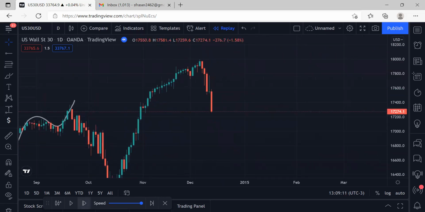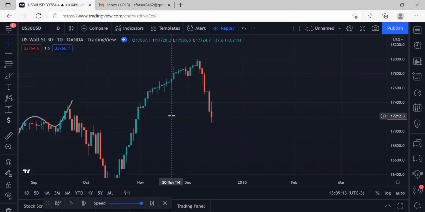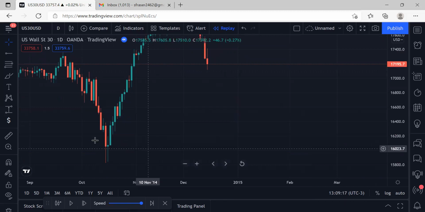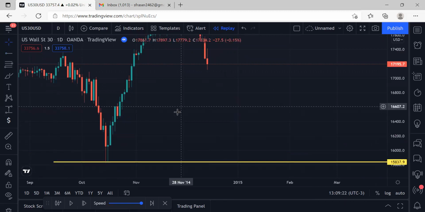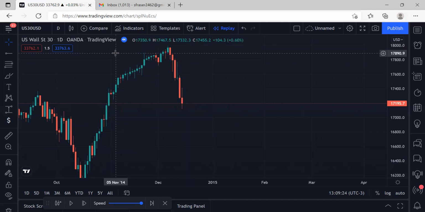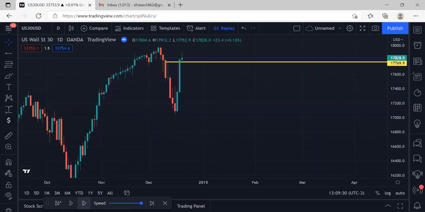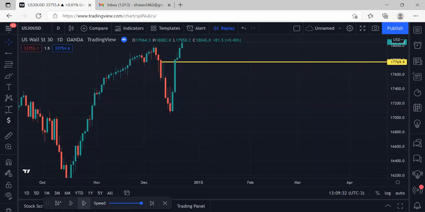You have the market coming down, and look, what do you know? I got this area painted. I might put a line right here. It's just easy. It didn't even do it.